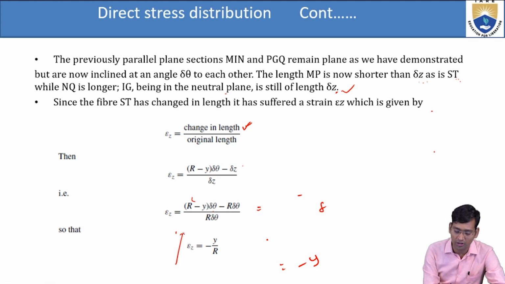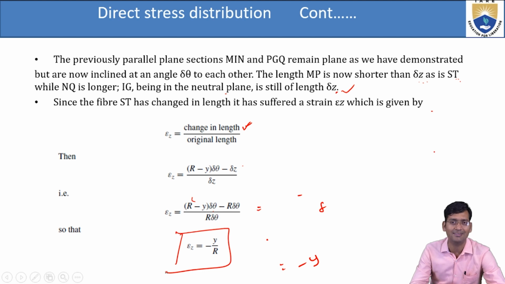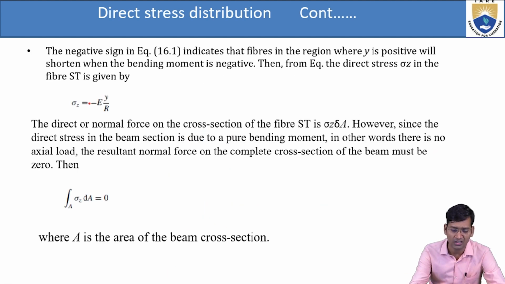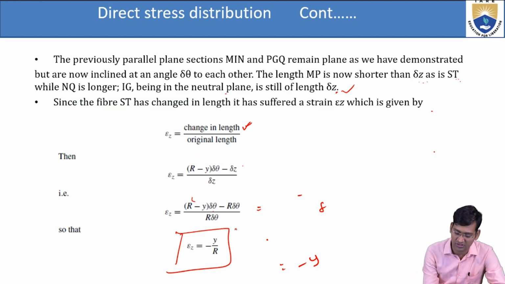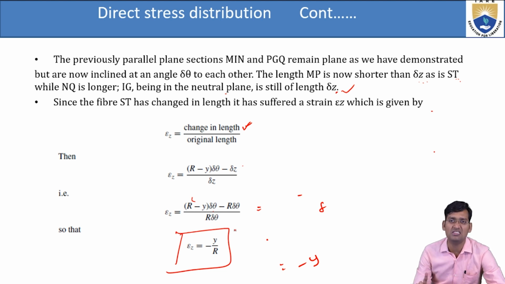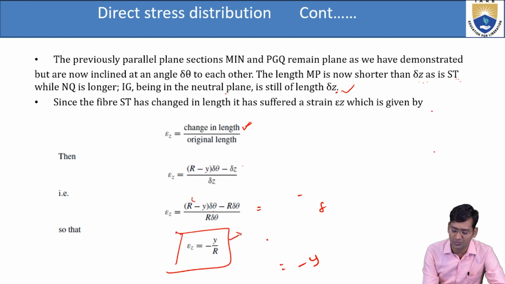So now we got the strain along the z direction, epsilon z equals minus y by R. The negative sign in equation 16.1 is there just for reference, because the reference book is Megson. In Megson you can see equation 16.1 is this one, so I added the same equation given in Megson.